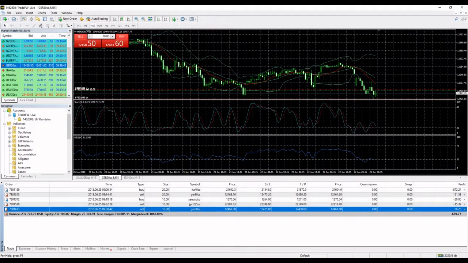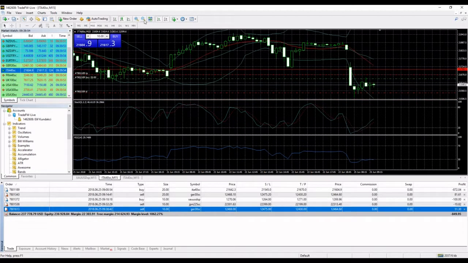Let's go back to our Italy 40 position to see if we need to react on it. We are long on Italy 40. We put our take profit limit on the support level of last week. It ended up in a trading range. The stop loss I put a bit higher than the day low.